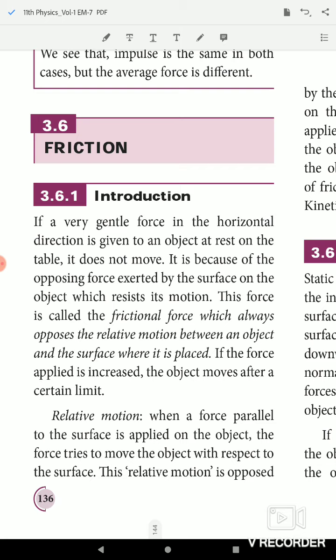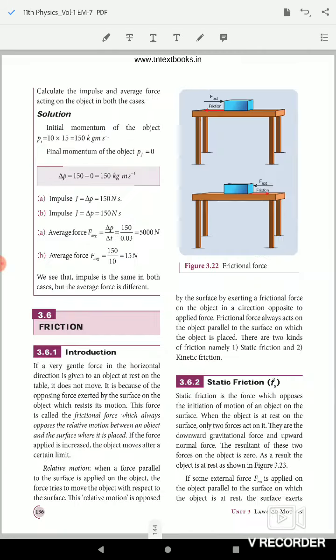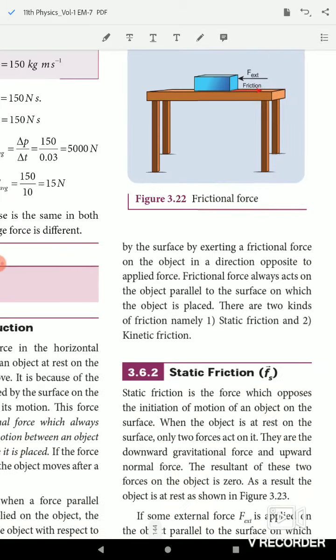When force parallel to the surface is applied on the object, the force tries to move the object with respect to the surface. This relative motion is opposed by the surface by exerting a frictional force on the object in a direction opposite to the applied force.